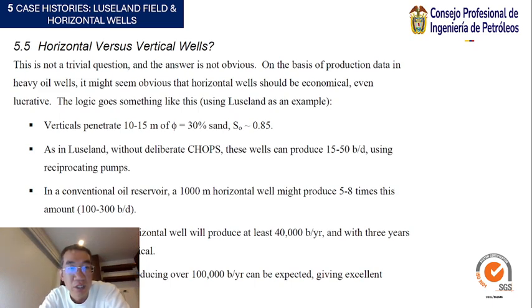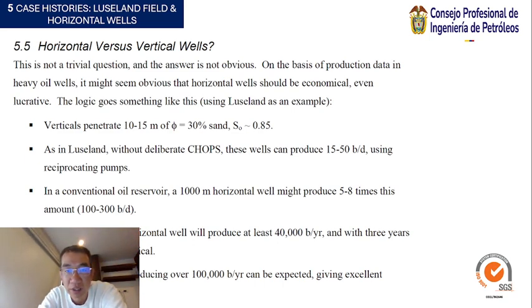Verticals penetrate 10 to 15 meters of 30% sand, with So of 0.85, as in Luseland without deliberate drops. These wells can produce 15 to 50 barrels per day using a reciprocating pump in a conventional oil reservoir.